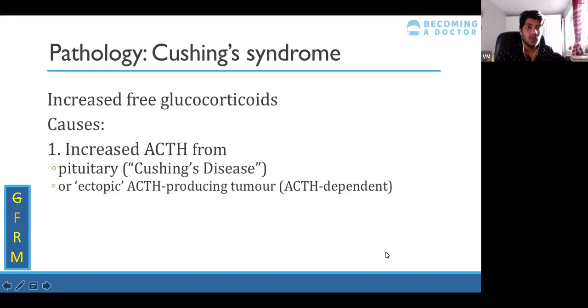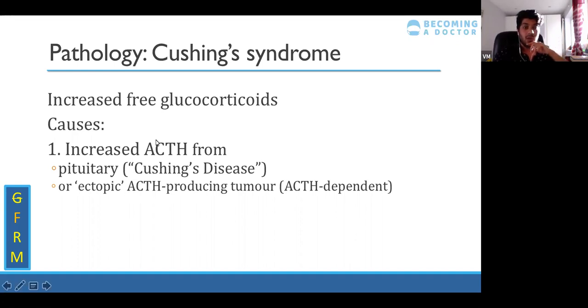The reason I wanted to talk about regulation of this hormone is because it can come not just from the adrenals, but it can come from the brain itself. So if we have too much ACTH being produced from the pituitary gland, that can increase the cortisol production into the blood and cause this Cushingoid picture, which I'll go on in a minute.